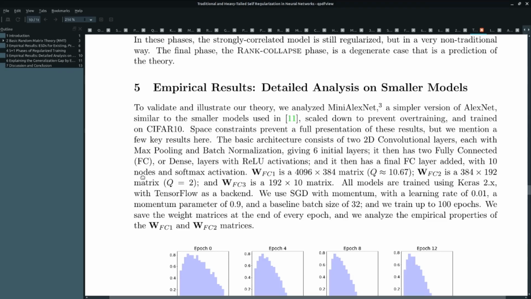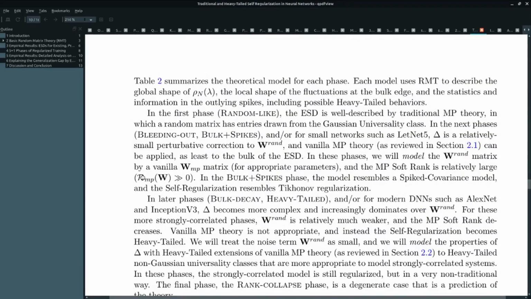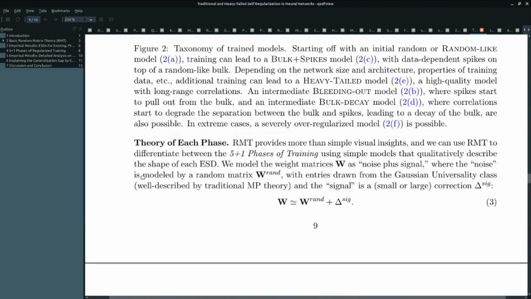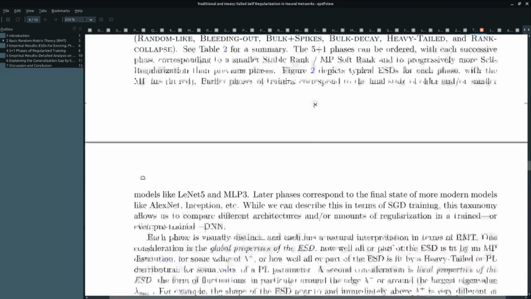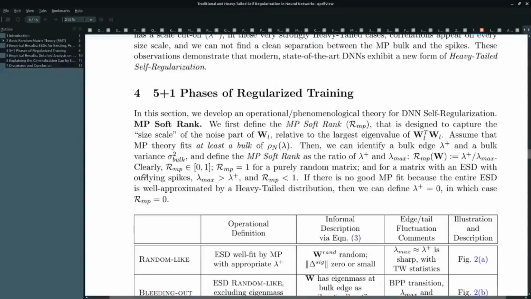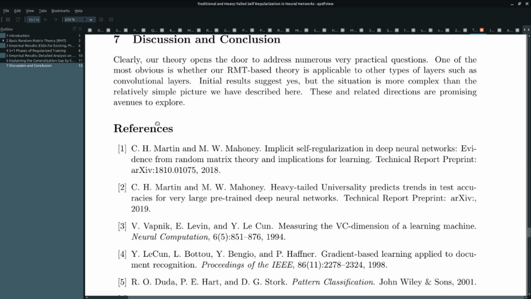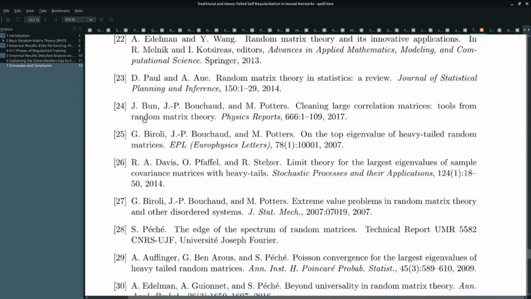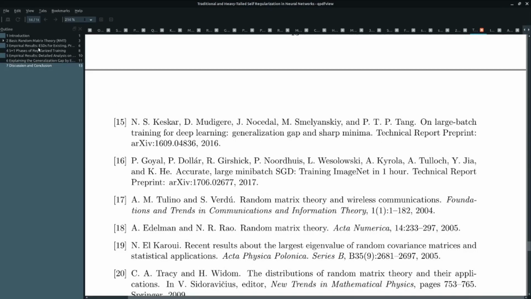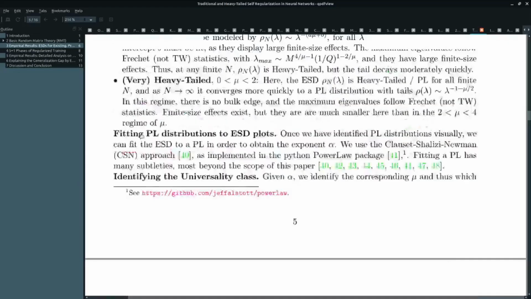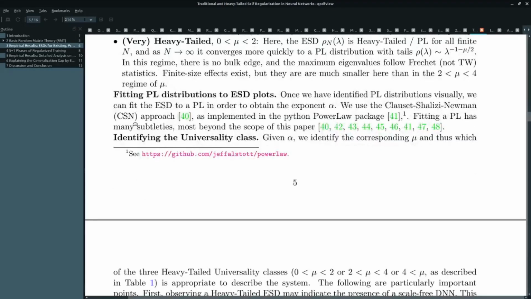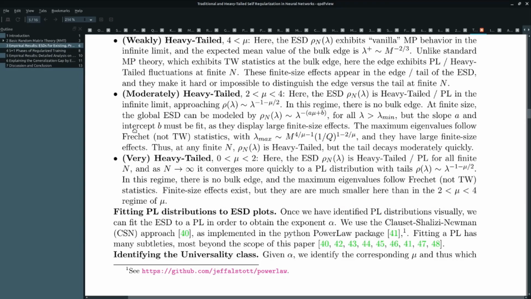I think they do mention that fitting power laws is a bit difficult because there's a lot of noise. I think they have some plots in the appendix, or maybe in the other paper they had some plots that weren't looking all that great.